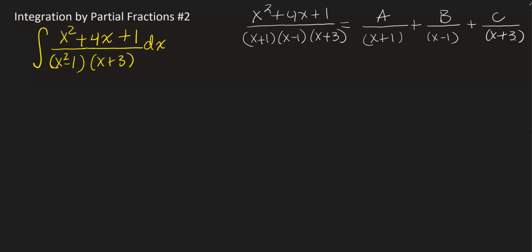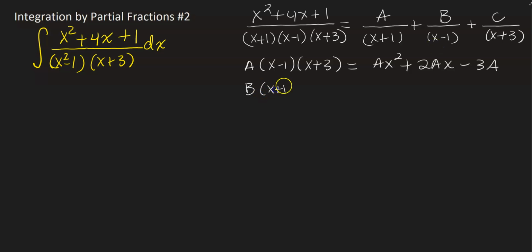Now, suppose we are going to add the fractions on the right-hand side, then A would need to be multiplied by x minus 1 times x plus 3. When we multiply this out, we will get Ax squared plus 2Ax minus 3A. And then B will have to be multiplied by the factors that aren't under B, which would be x plus 1, x plus 3.